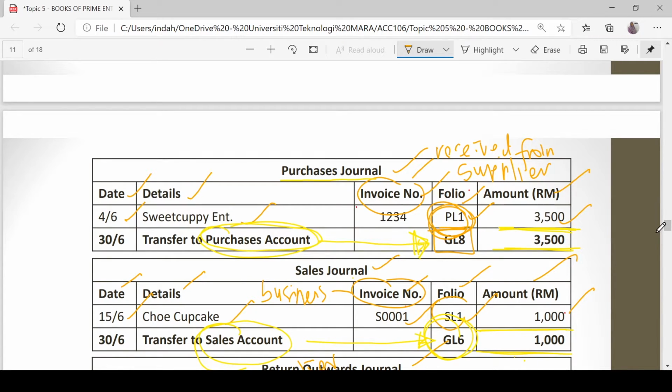For each one of them there will be one account. So here we have Sweet Copy, account PL1, meaning we are going to prepare an account called account payable Sweet Copy.